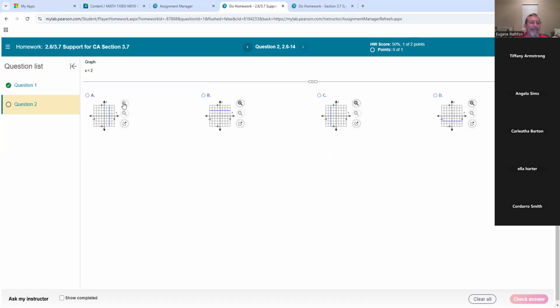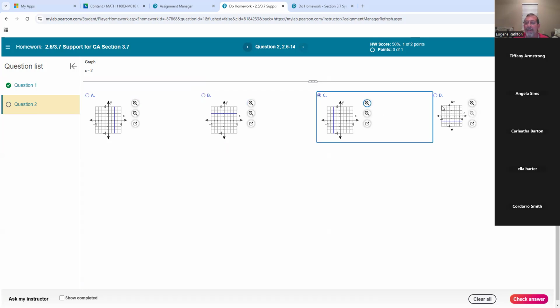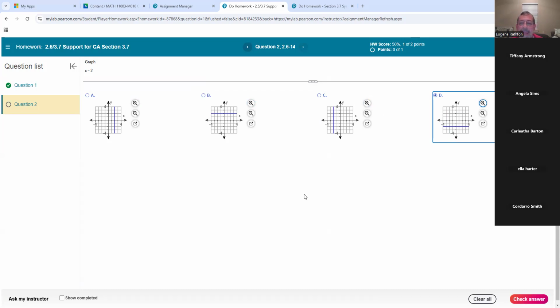All right, y'all, let me make these bigger, and I want y'all to choose A, B, C, or D. A, B, C, or D, which one is the answer to x equals 2? So what kind of line will this be? And then what do y'all think? A, B, C, or D? Oh, y'all are popping it out quick.